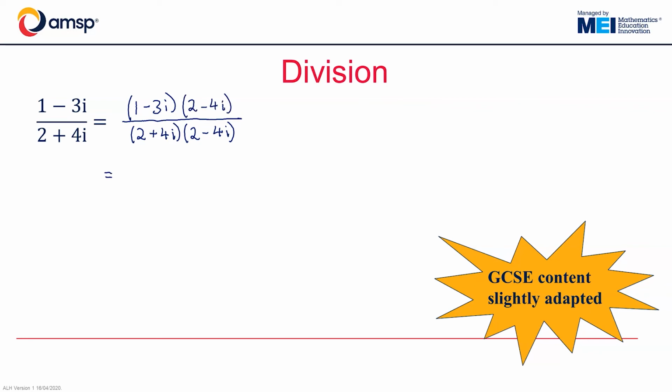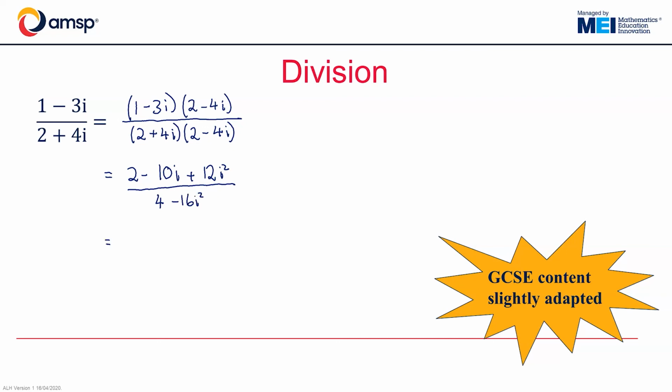Then we multiply out and we get 2 minus 10i plus 12i squared, and difference of two squares at the bottom, 4 minus 16i squared.